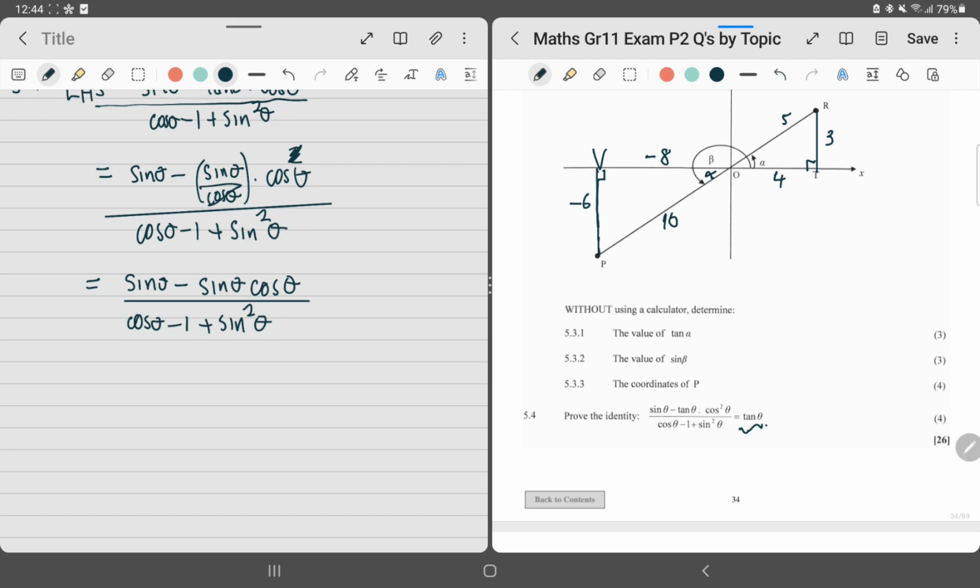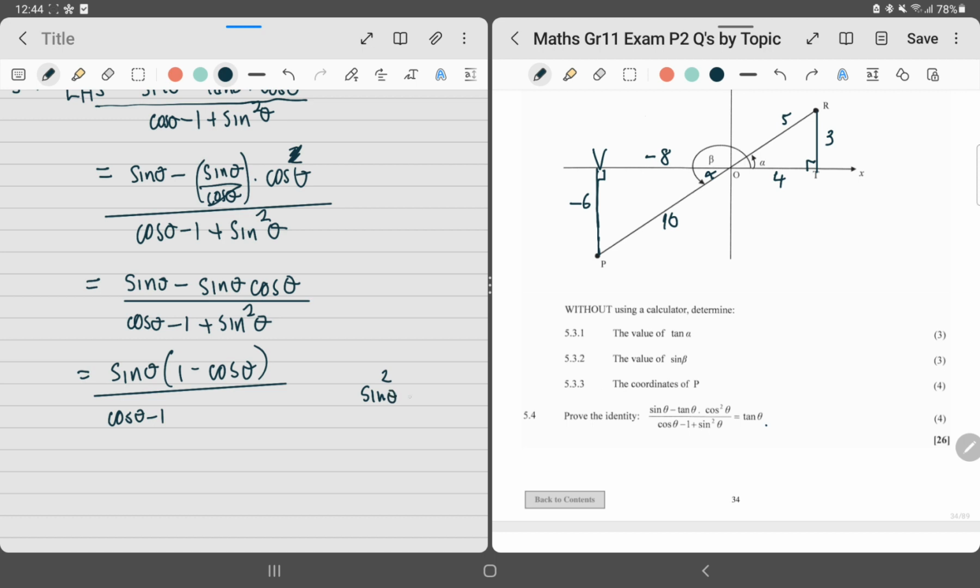So I need to work towards eliminating that sine squared there so that I can have a cos in the denominator. So I'm going to take out a factor of sine, 1 minus cos theta. Cos theta minus 1. So I'm trying to eliminate that sine squared.